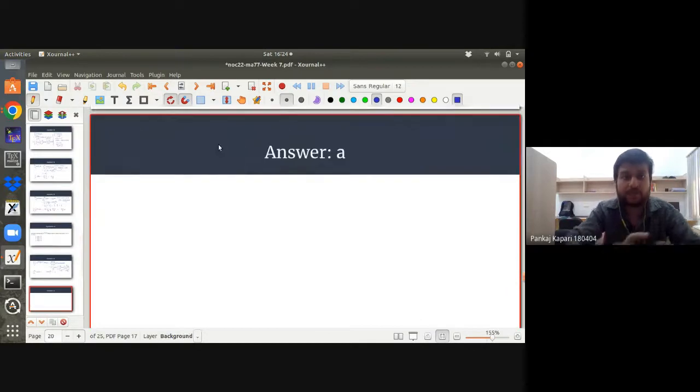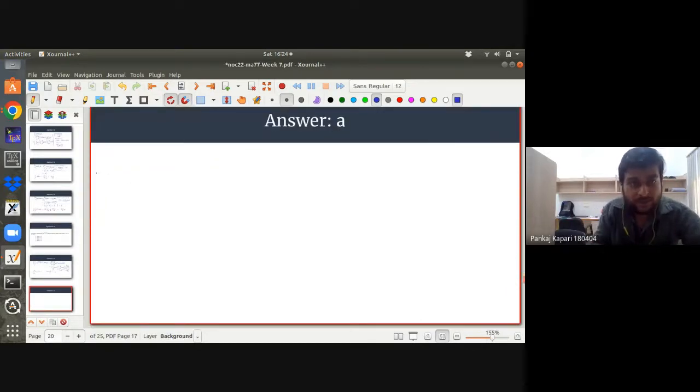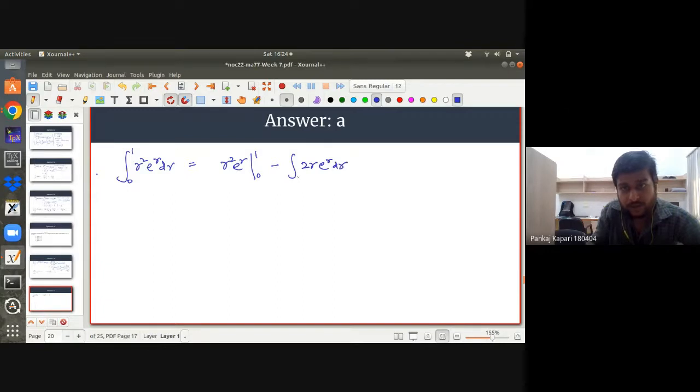For this integral, we'll use integration by parts. The integral of r square e to the power r dr from 0 to 1. Treat r square as the first function. So this is r square e to the power r from 0 to 1 minus, differentiating r square, you get 2r e to the power r from 0 to 1, because the integral of e to the power r is itself.